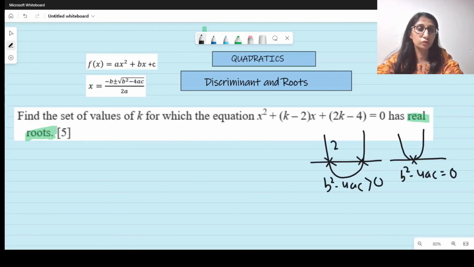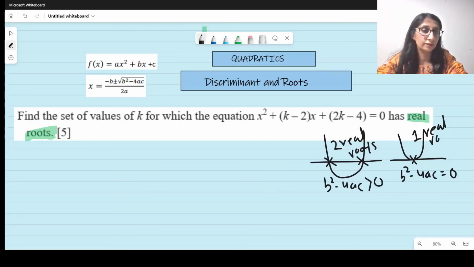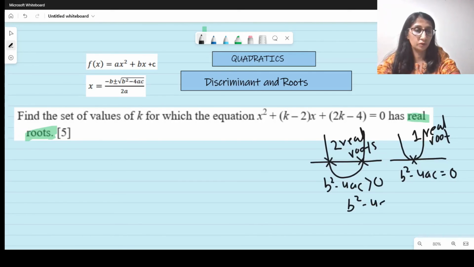So this has two real and distinct roots, and this has one real root, or you could also say two real repeated roots. In both cases you need to merge both the cases, because in both the cases there is a real solution.